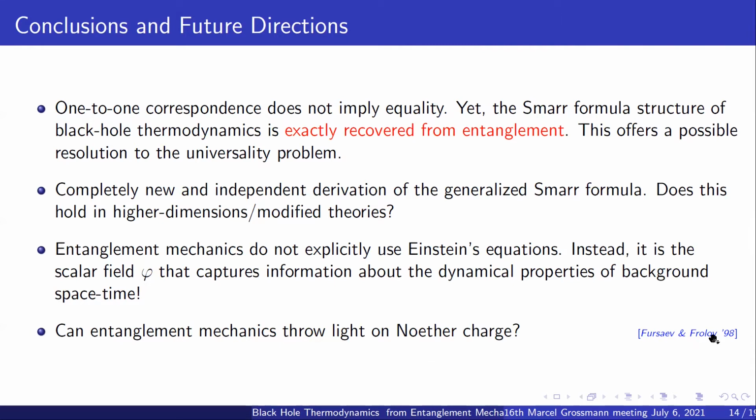And Fursaev and Frolov, on the other hand, was able to further show that this Noether charge also happened to coincide with the Noether charge corresponding to the scalar field or the matter field in non-minimally coupled theory. So that is something that we would like to probe in order to establish this link, and in order to add another dimension to this link that we have between quantum correlations of the matter field and the dynamical properties of the background spacetime.